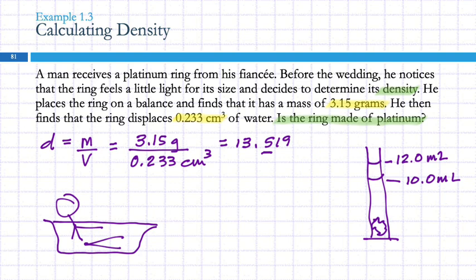You always want to write down those 2 extra digits, especially in lab, when you're going to be putting stuff into the computer, because it's going to be really picky about stuff. So I'm writing down extra digits, and then I'm going to round it. So here I've got a 5. The next digit is a 1. So this rounds down. And so this is 13.5. And what are the units?